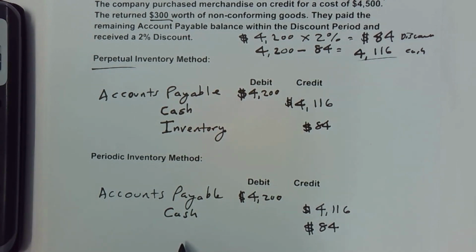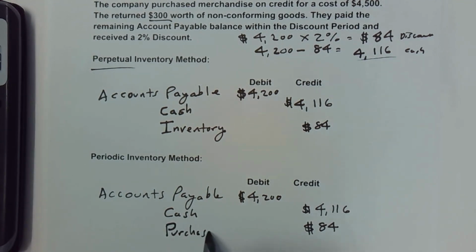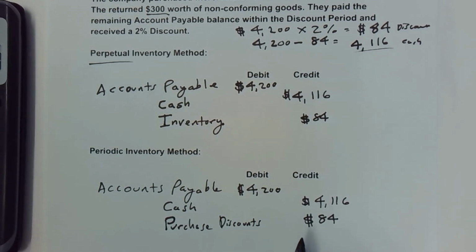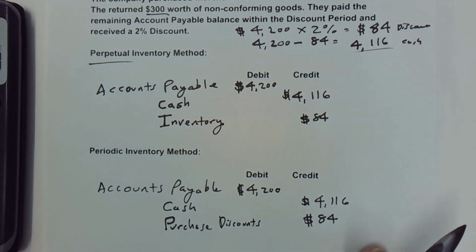We're going to credit another one of those temporary accounts that the periodic inventory method is famous for, called purchase discounts. So we're going to credit purchase discounts for that $84 discount. And now you have properly accounted for a purchase discount using the periodic inventory method.